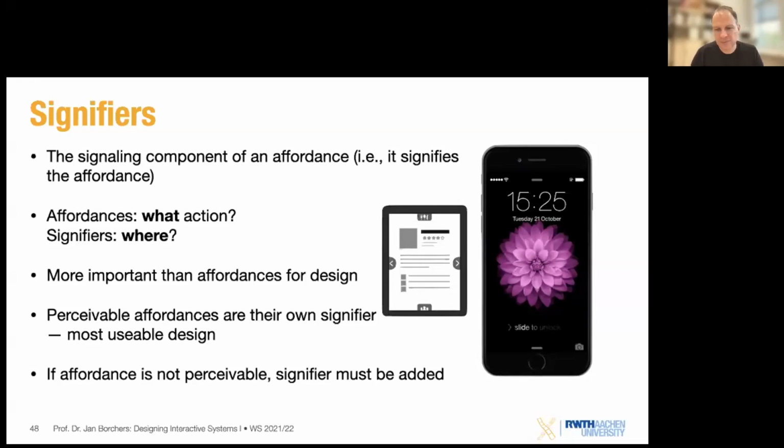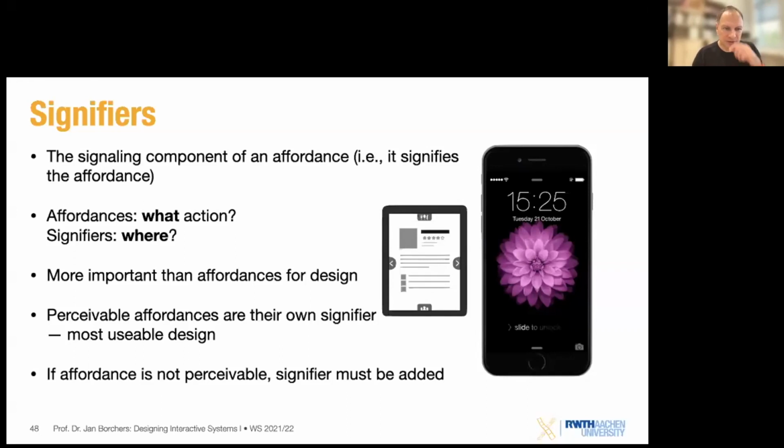There's a simple case. Well, I should say maybe why signifiers were introduced by Norman was mostly because he found that lots of designers were misusing the word affordance in his understanding. They were often using affordance to indicate where a particular user action had to take place, and that's why Norman introduced this extra concept.